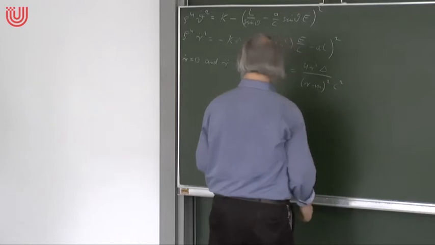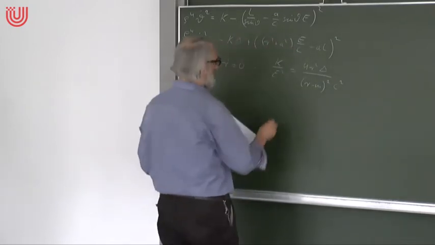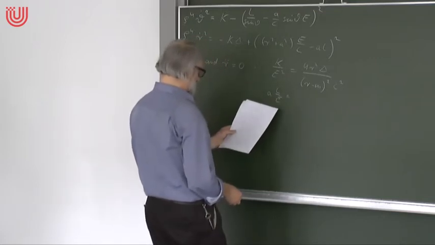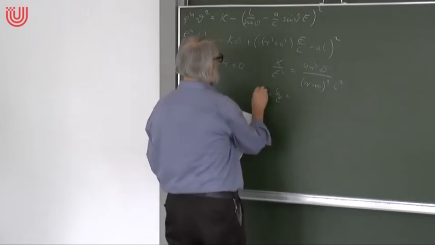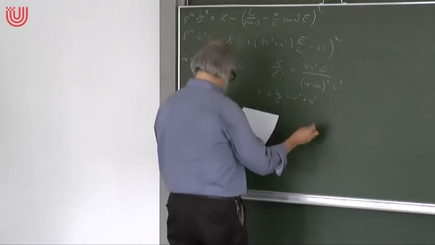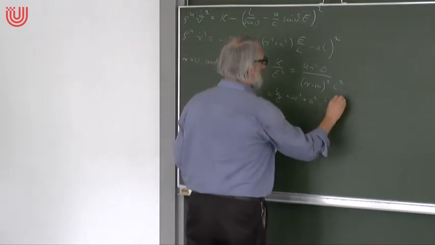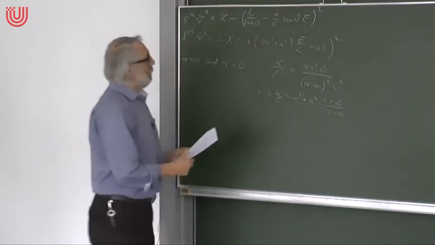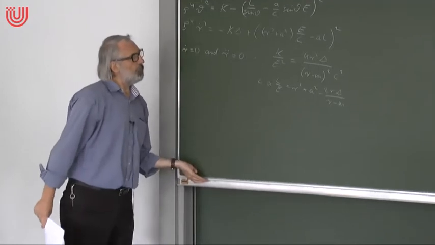And for L over E, you get a times L over E is 1 over C, or let me write the C on the other side, r squared plus a squared minus 2r delta over r minus m. So that's the equation which we will need in the following.